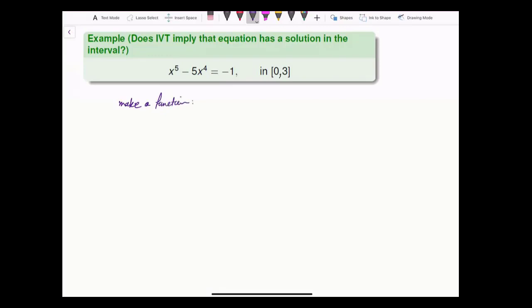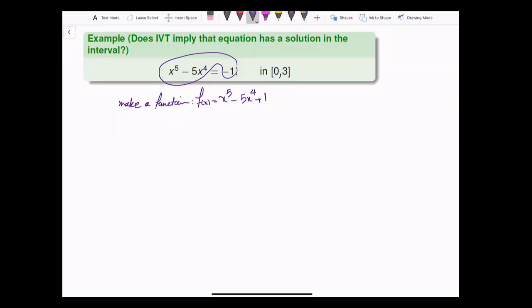Bring everything to one side, so it will be x to the power 5 minus 5x to the power 4 plus 1. Set that to be your function. Now, a root of this function is a solution for that equation. That's what it takes to go from an equation to a function.